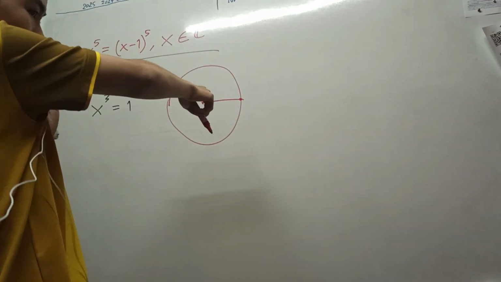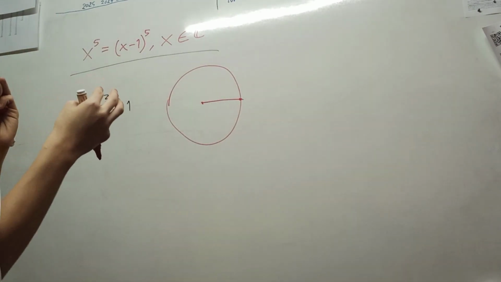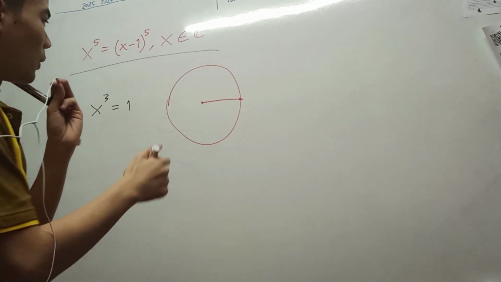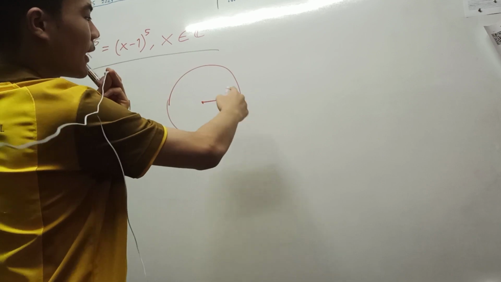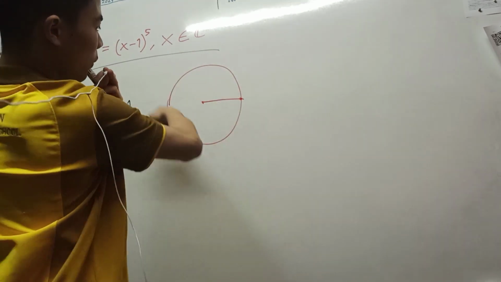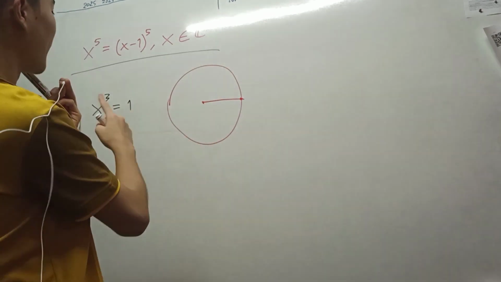So that point right there is 1, right? Which number multiplied by itself 3 times equals 1? Well, there are 3 numbers in this case. 1 multiplied by itself 3 times is pretty much 1 rotated by 1, 3 times. So it just rotates 1, 2, and 3. That's 3 times, and we do get 1.